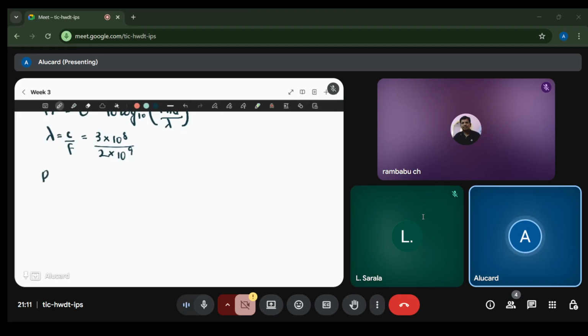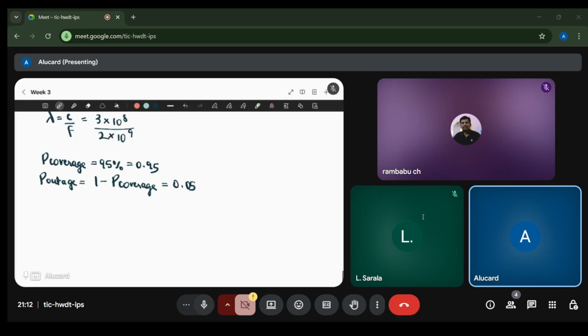So P coverage is 0.95, and 1 minus P coverage is the outage probability, which is 0.05. But P outage is equal to the probability that received signal power is less than receiver sensitivity.